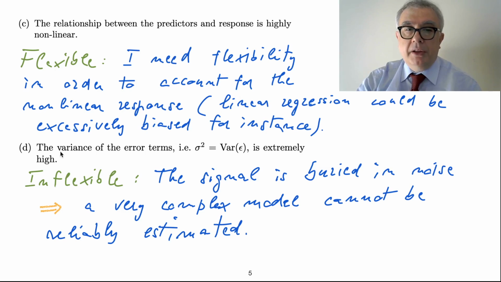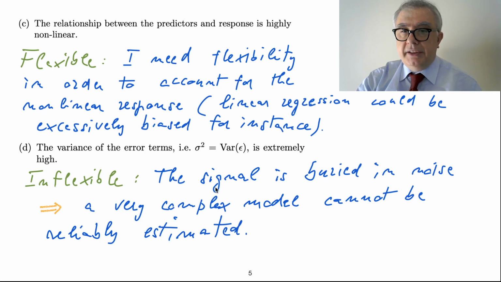D. The variance of the error terms, i.e. sigma square equal variance of epsilon, this is the variance of the irreducible error, is extremely high. This is a context where I would use an inflexible method.